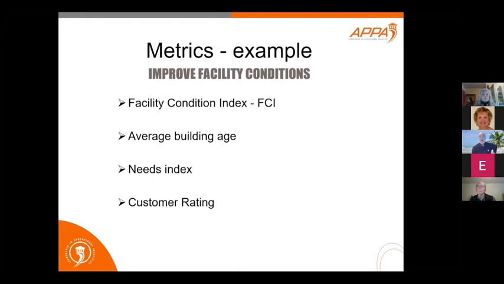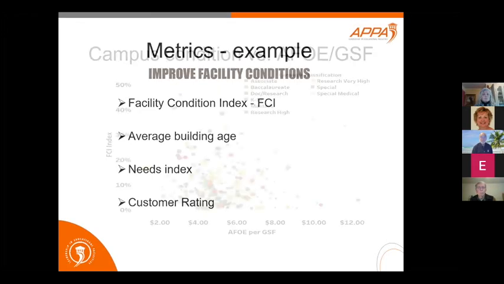What renovations are needed in order to continue to meet the customer needs or the occupant needs of the campus? And then what's your customer rating? How are you measuring the satisfaction of customers with custodial services, with building maintenance, with landscape, and the overall condition of the campus? The FPI helps us keep track of these things.